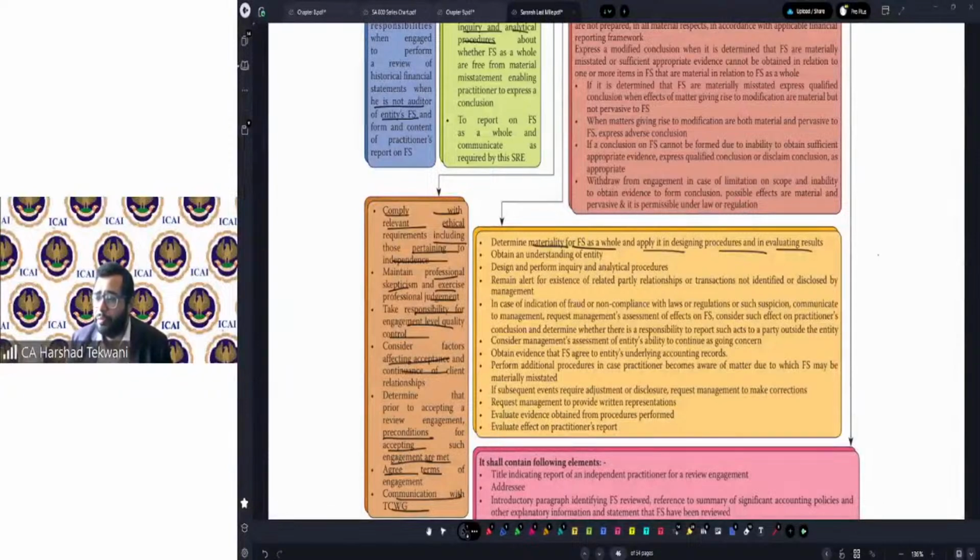This is not an audit, but how will you do that? On what basis? Let's say, for example, in audit we take 5%, 10% as an overall materiality. How will you decide the materiality in this particular case?